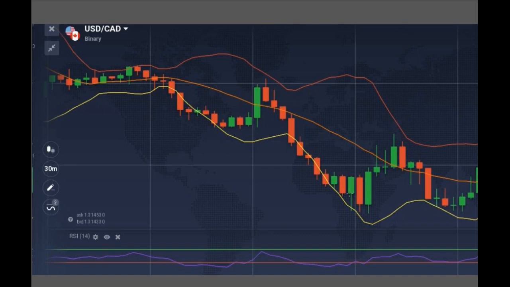As soon as it crosses it, you are waiting for a confirmation candle. See the confirmation candle over here, and the next thing you are waiting for is a retracement back to this level. You can see the price retrace back to the lower body of the Marubozu, and then the next candle is a winning trade.